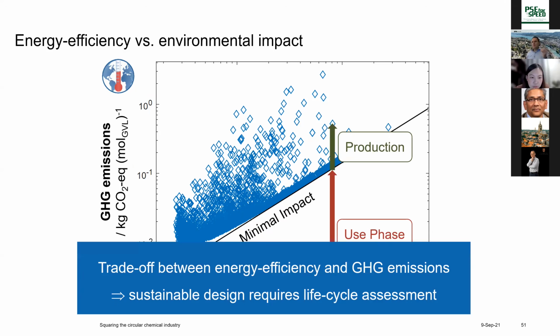That is, there are trade-offs between energy efficiency and greenhouse gas emissions, and we need to look at the full life cycle in order to do so. And these tools are not yet perfect, but we are constantly developing them further, and they are already helpful today.